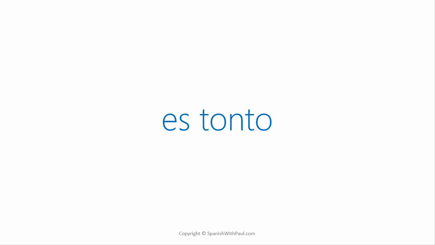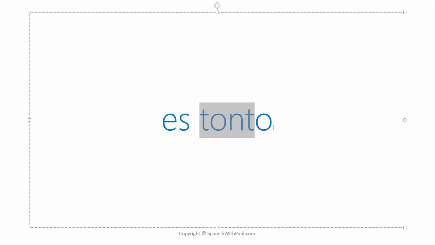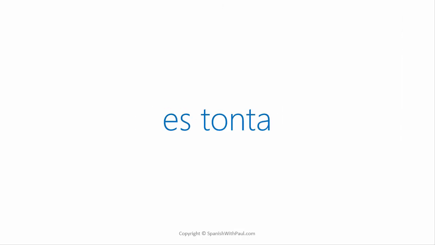To say he is dumb, we know that it would be es tonto, because es represents he is, she is, and it is, and then we have tonto for dumb, ending in an o because we're talking about a man. To say she is dumb, it would be es tonta. So now it switches to the a to match the fact that we're referring to something that's feminine, a female.